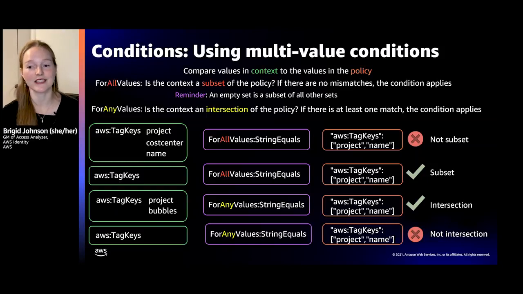And so essentially, if you put in for all values and AWS tag keys is not populated, either it's not sent in, or AWS doesn't support that condition key for that action, then the condition matches and it will kick in. And if you're using an allow, that will grant access. And that might not be what you intend. So for the first two examples here, you can see that AWS tag keys has project, cost center, and name.